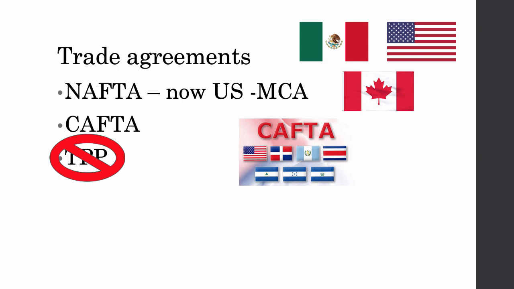Other parts of the world obviously engage in trade agreements as well. Probably the biggest one, the most important, at least in terms of the countries that we would regularly engage in, is the Eurozone. If you're part of the European Union, you have all of these great trade agreements that allow you to move goods from one country to the other.